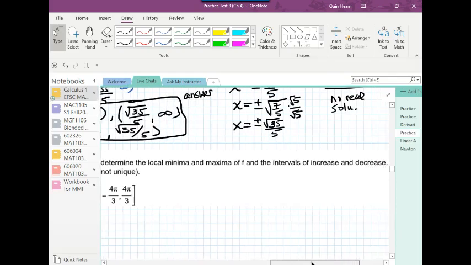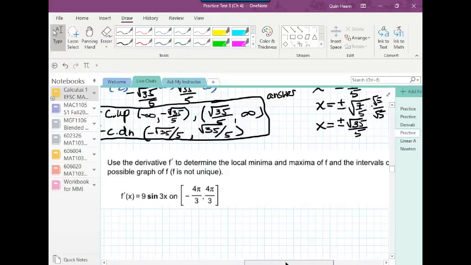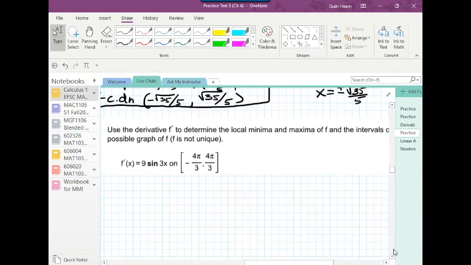And then it's going to be concave down in between, from negative square root of 35 over 5 to positive square root of 35 over 5.